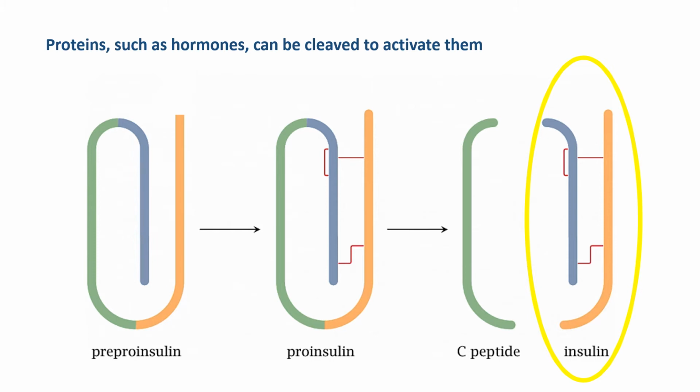So all protein hormones really are processed in this way. They start as pre-pro hormones. They become pro-hormones when the signal sequence is cleaved off, and then they become active hormones right at the end. So that's cleavage.